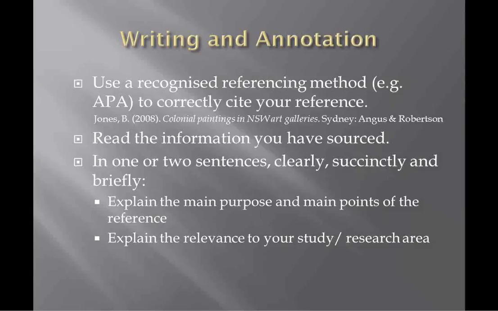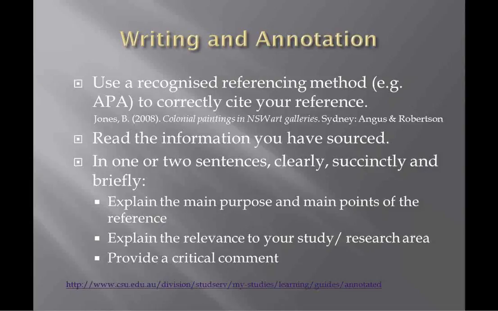Explain the relevance to your study or your research area. Provide a critical comment. And if you want more information, go to the CSU Student Services website, where there is information available under Learning Guides related to writing annotated bibliographies.